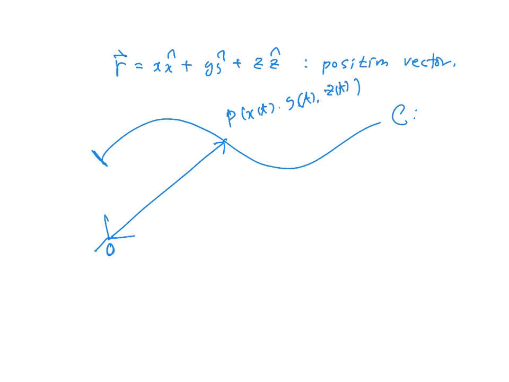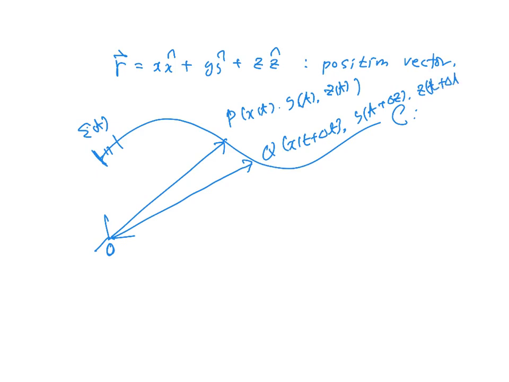In this case, t is a parameter, and we can define the distance as s(t). At a different point Q: x(t+delta t), y(t+delta t), z(t+delta t). So this is r plus delta r, and this is called delta r.